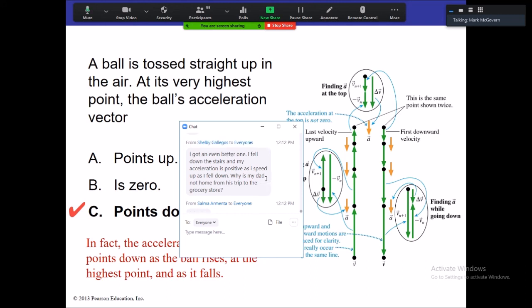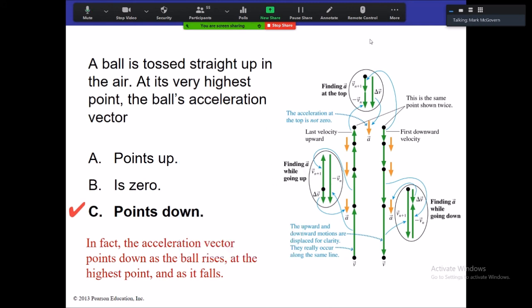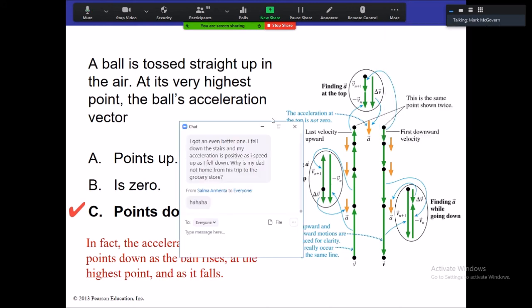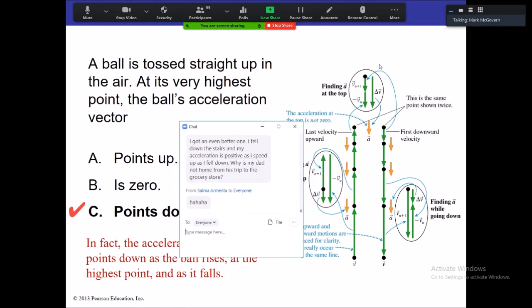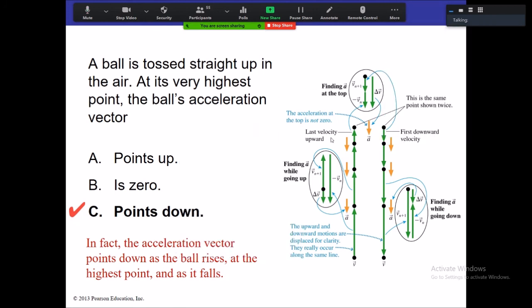I think your dad is hanging out with my dad, Shelby. That's the only thing I could think of. Yeah. It's been about 20 years, but you know. And I moved a bunch. So, never know. Okay. It's okay. All right. We're all okay. No, we're not. This is pandemic.